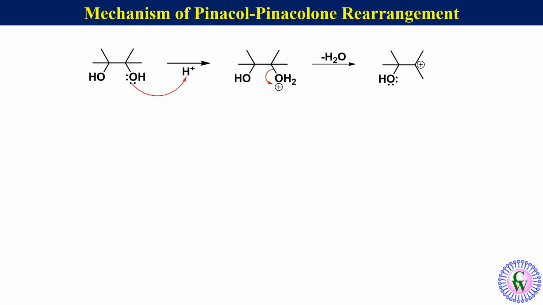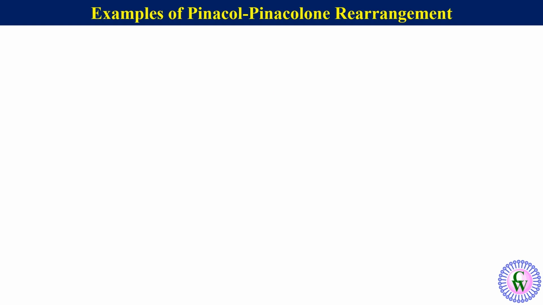This carbocation undergoes rearrangement by 1,2-methyl migration, which is assisted by delocalization of lone pair of electrons on oxygen to produce protonated 3,3-dimethyl-2-butanone, which undergoes deprotonation to produce pinacolone.